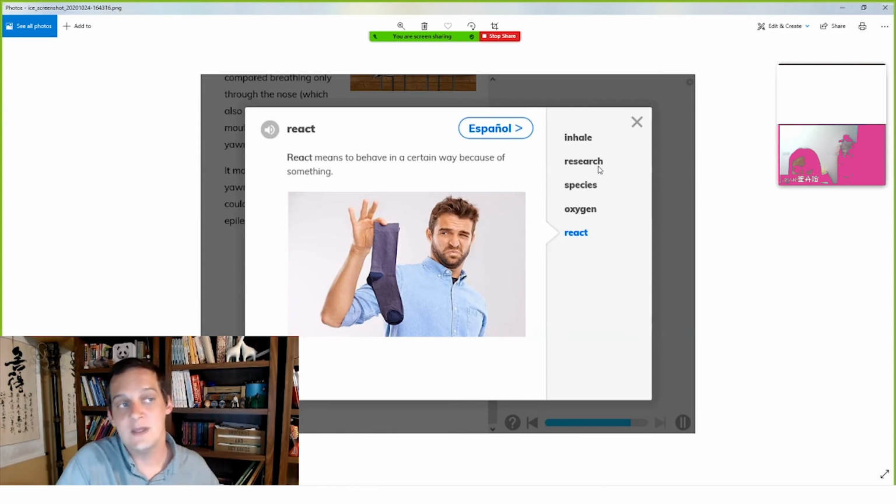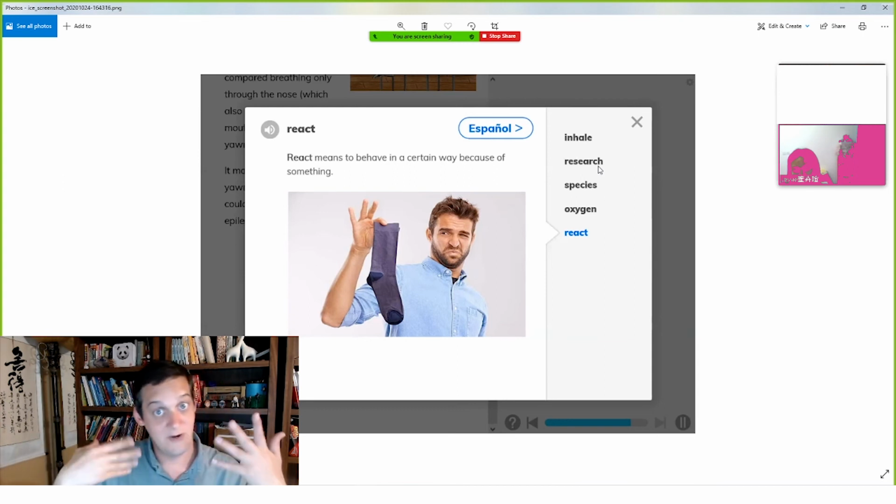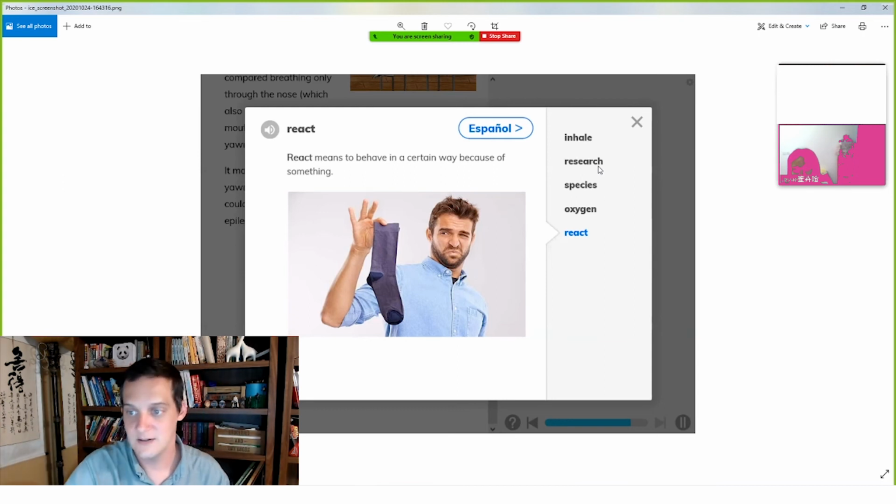We kind of went over this with the automatic reactions. This is something that you do quickly because of something else. Whether you're thinking about it or not, if somebody says something and you respond, that's a reaction. It's your first thought, or the first thing that you do.